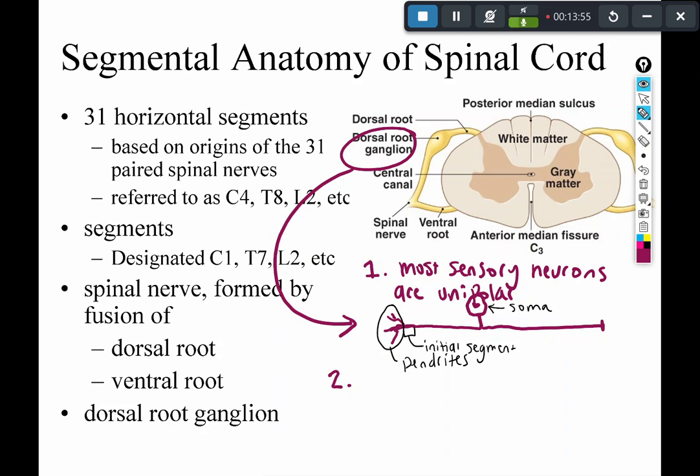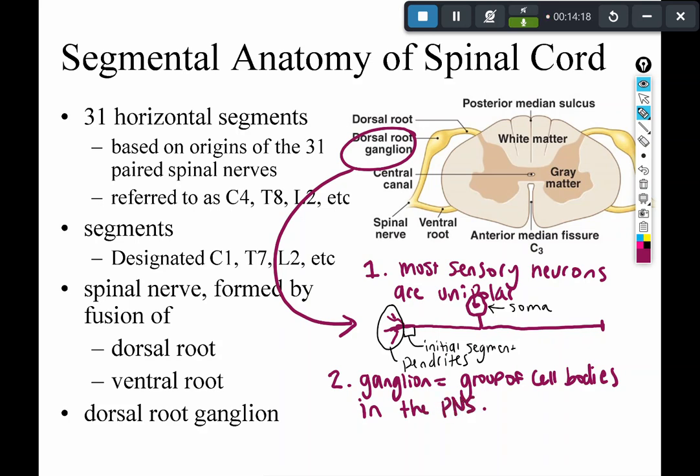So since the dorsal root ganglion is a ganglion, it makes sense to note that ganglion equals a group of neural cell bodies in the peripheral nervous system.